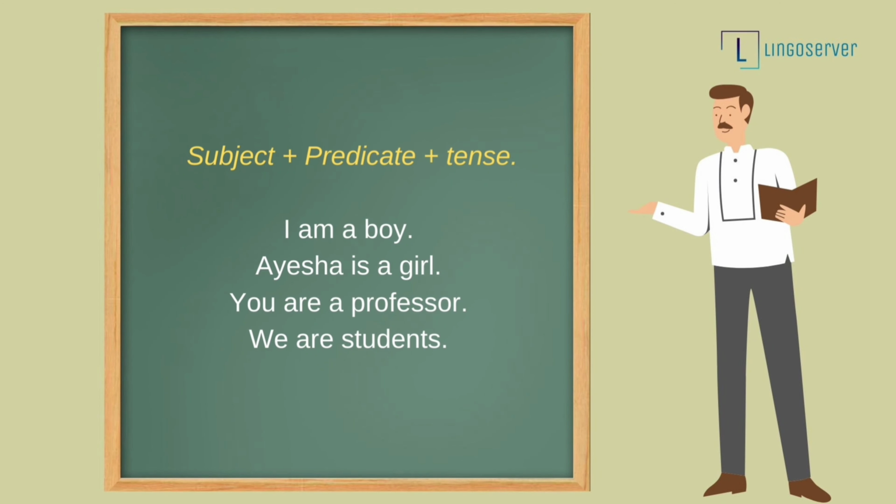Say the following sentences in Urdu using the following structure, keeping in mind the words and their meanings of the pronouns we have learned. Subject plus predicate plus tense. The sentences are: I'm a boy. Aisha is a girl. You are a professor. We are students.